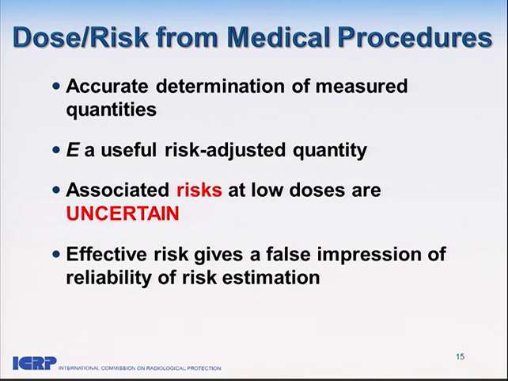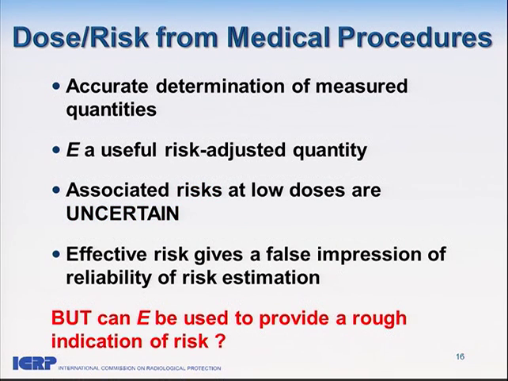So effective dose, effective risk, we consider to give a false impression of the reliability of risk estimation. However, can effective dose be used to provide a rough indication of risk?